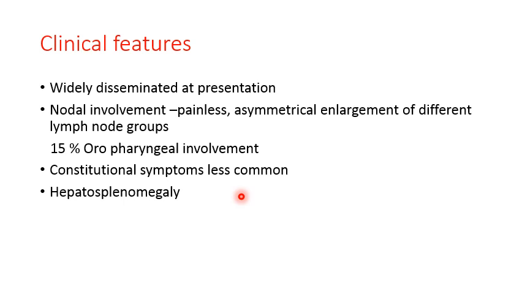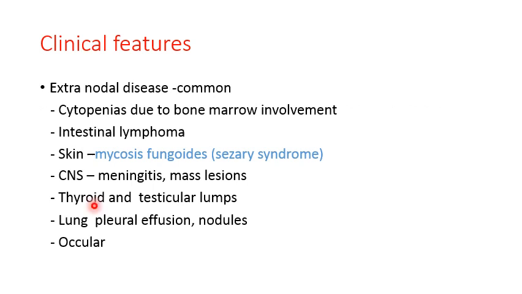I'm not saying they do not happen, but they are less common than in Hodgkin's, and these patients can come with hepatosplenomegaly, organ involvement. And also extranodal disease is common in non-Hodgkin's as opposed to Hodgkin's, where the extranodal disease is late. So what are these extranodal?